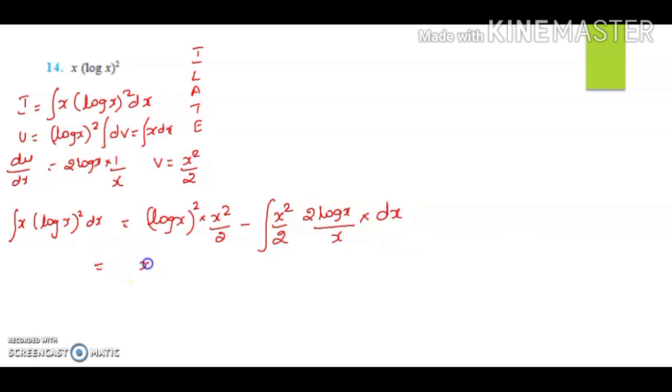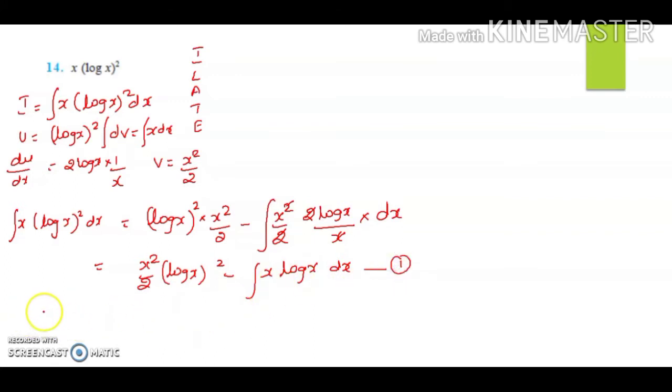So this is equal to x square by 2 log x the whole square minus integral, 2 and 2 get cancelled and 1 x gets cancelled. We are left with x log x into dx.